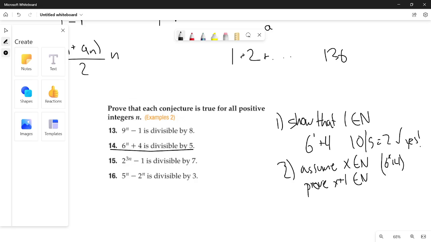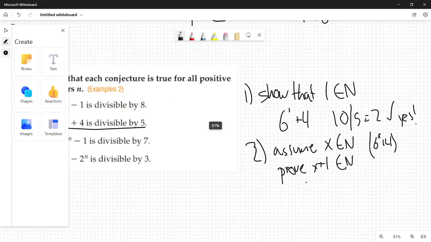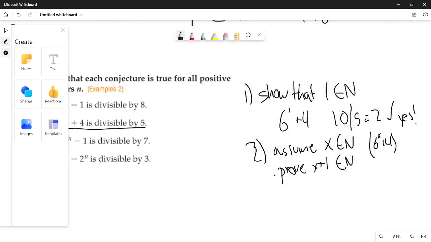I think we haven't really gone over the reason why proving this is important, but essentially if you can prove that a certain number is an element of n, then you can prove that any number that works plus 1 is an element of n. Then you can prove that the whole set of numbers is an element of n.